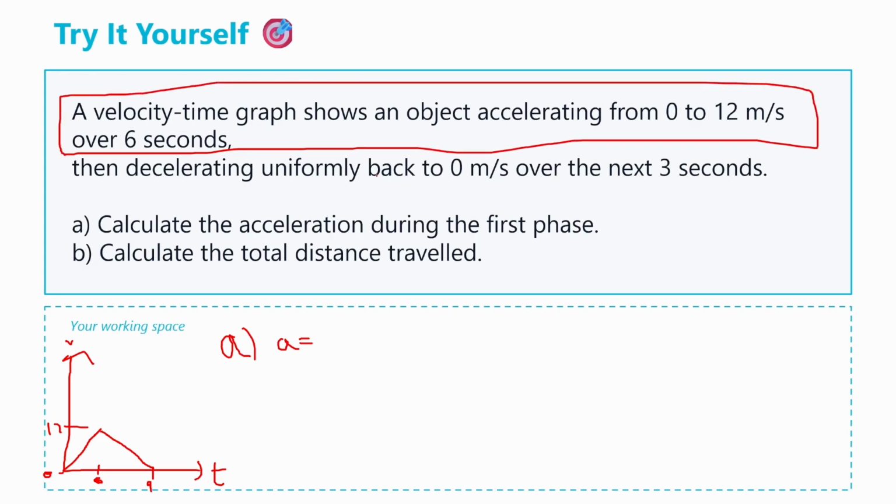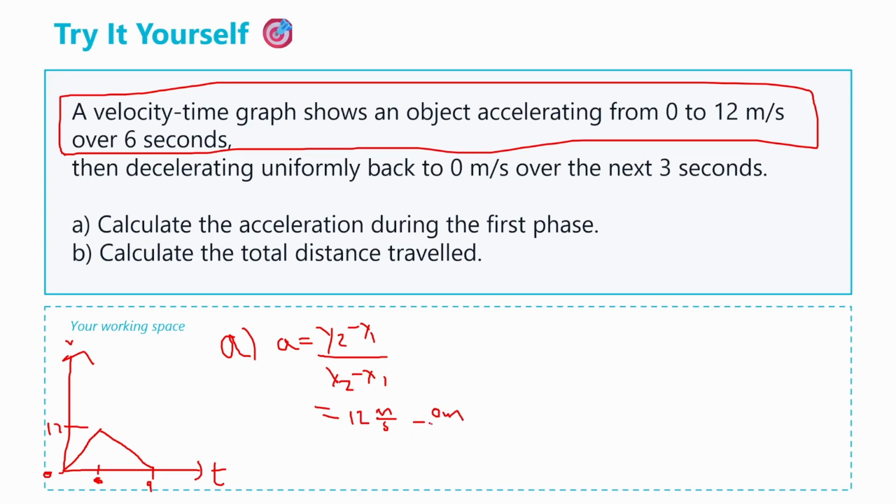Let's solve it. So we have to find the slope, right? So use the general slope formula: difference in the y over difference in the x. All right. So here y2 is 12 meters per second, because it's velocity, minus 0 meters per second.